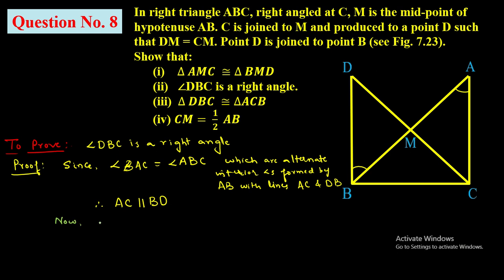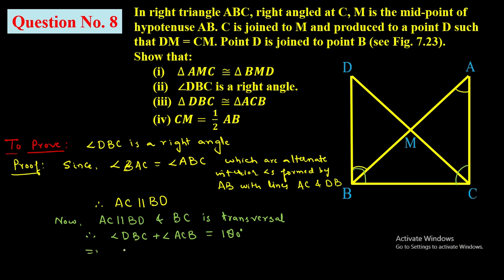Now, AC is parallel to DB, or we can say BD, and if we consider BC as transversal, then angle DBC and angle ACB are co-interior angles. Angle DBC plus angle ACB is equal to 180 degrees because co-interior angles are supplementary.